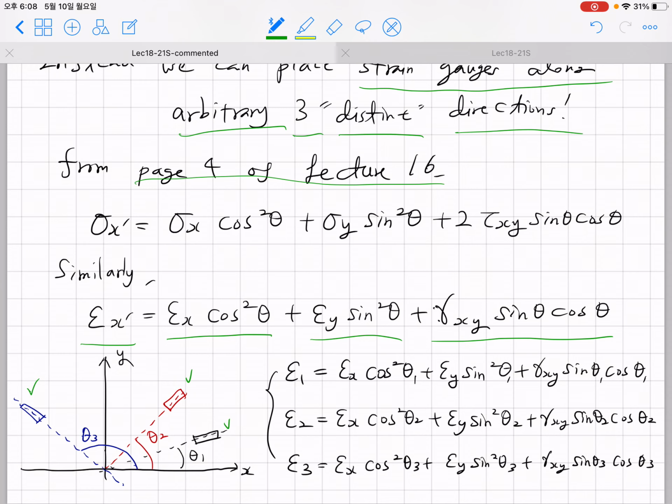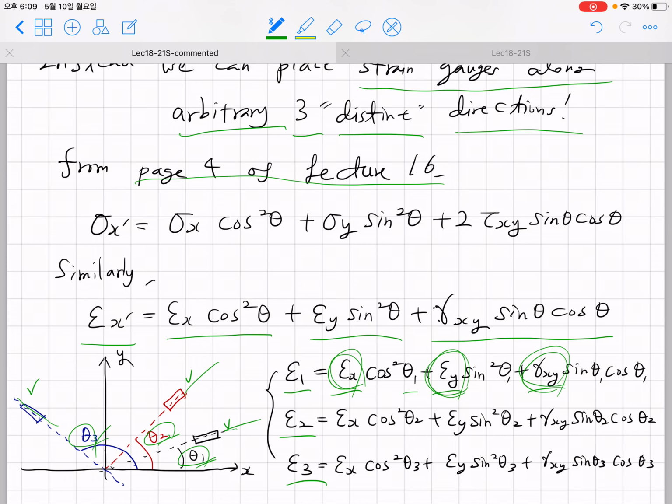You can write down epsilon 1, epsilon 2, epsilon 3, which are the normal strains along theta 1, theta 2, and theta 3, in terms of epsilon x, epsilon y, gamma xy, and theta. Here we already know theta 1, theta 2, and theta 3. The 3 unknowns are epsilon x, epsilon y, and gamma xy. So out of these 3 distinct arbitrary strain direction measurements, you can obtain epsilon x, epsilon y, and gamma xy.